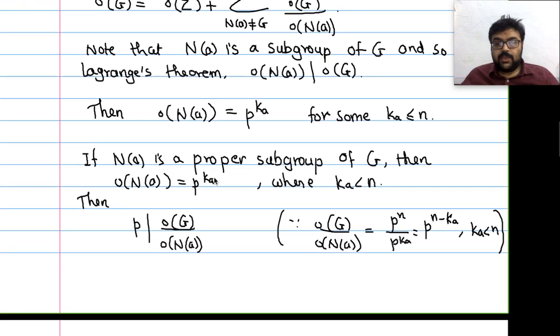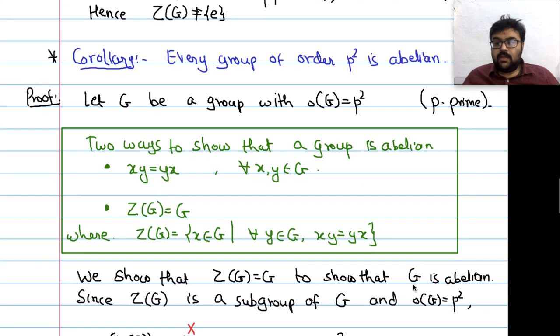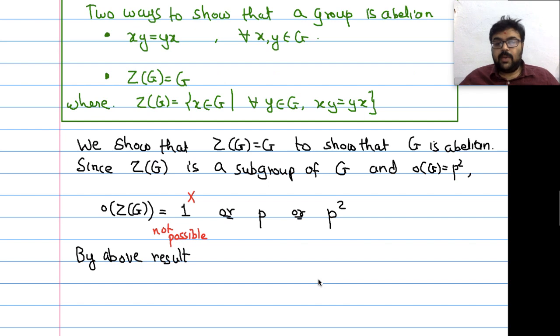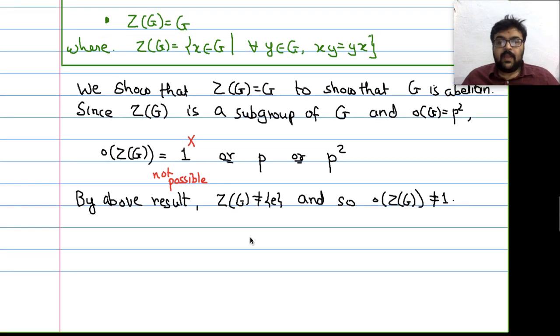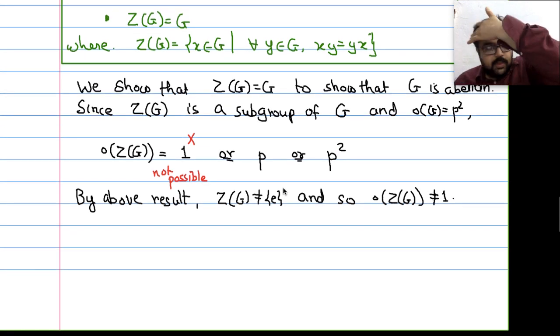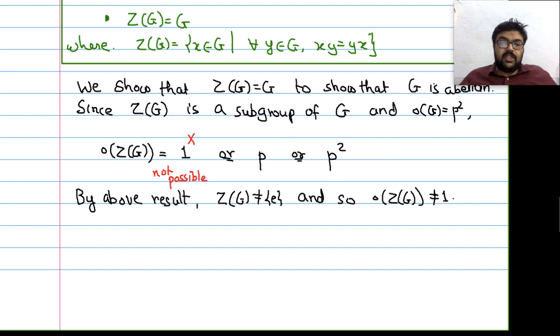Here we have p square, so n equals 2. By the above result, Z(G) is non-trivial, and so the order of Z(G) cannot be 1. So the order of Z(G) equals p or p square. But if the order of Z(G) is p square, then we are done.